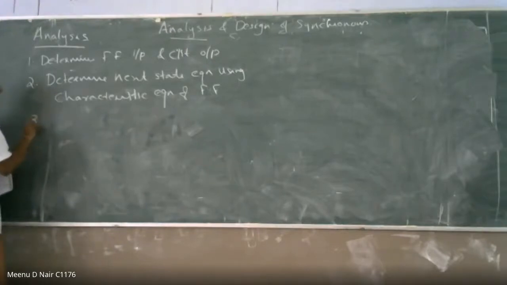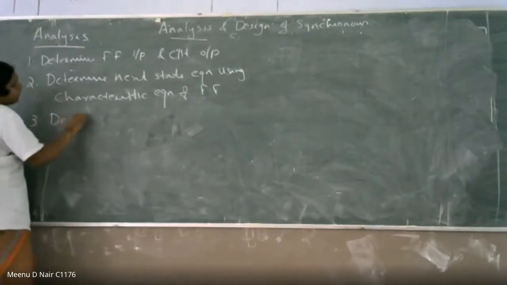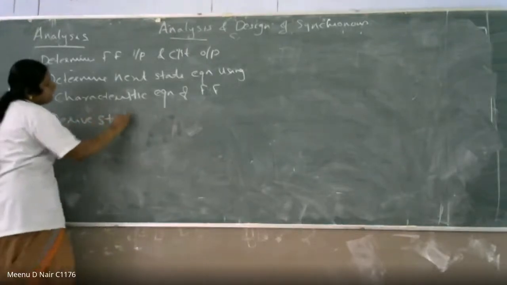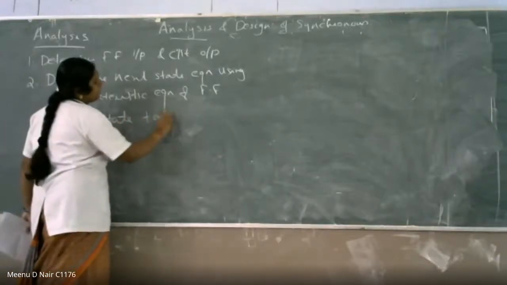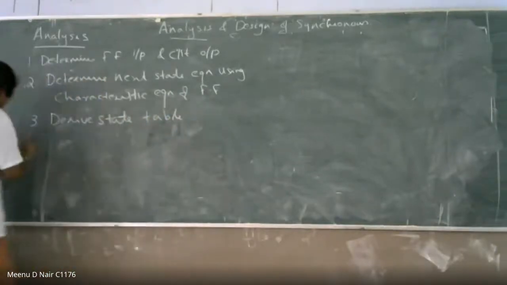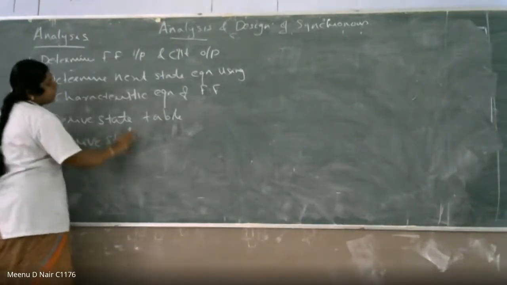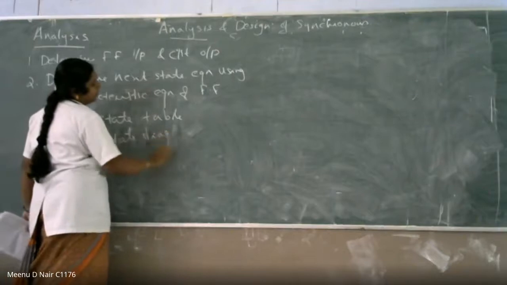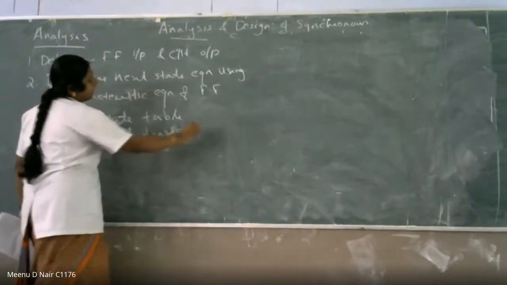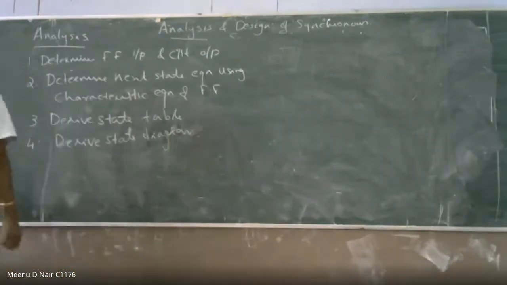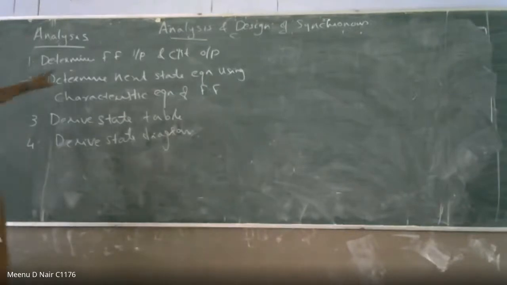Third one is derive the state table. And the fourth one is derive the state diagram. We'll see one by one. So these are the analysis procedures.